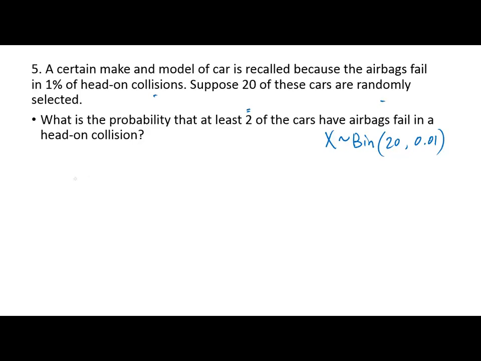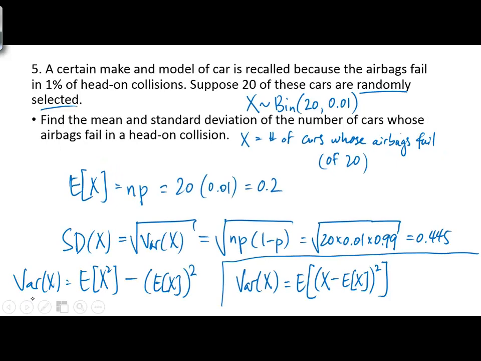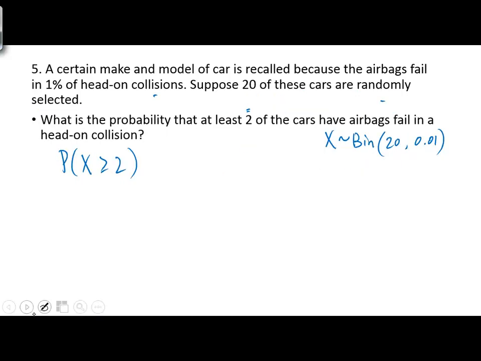So this is the probability of what? I want to know the probability that X is greater than or equal to 2. So again, remember here X was the number of cars whose airbags fail out of these 20, so that's just the probability that X is bigger than or equal to 2.